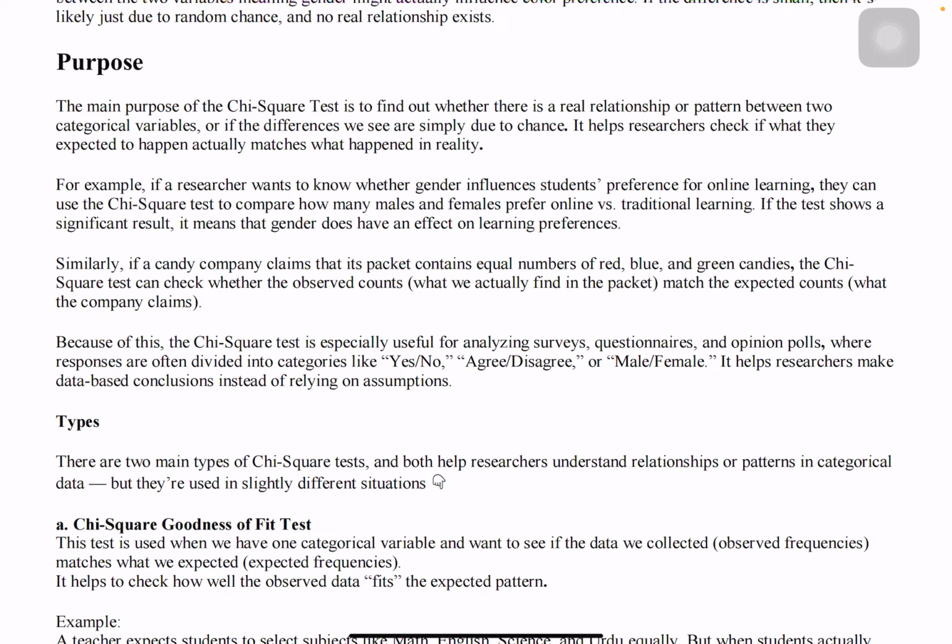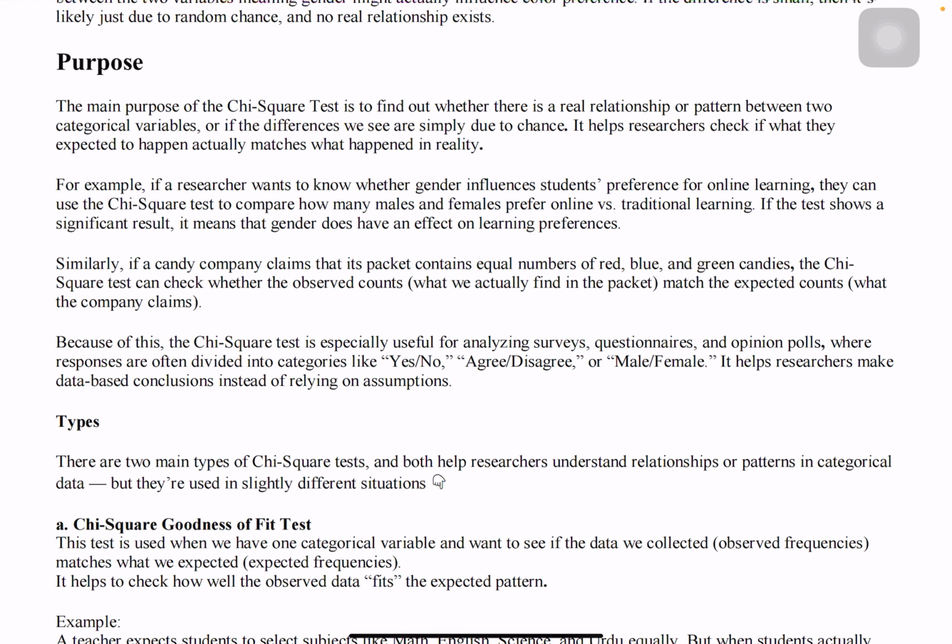Similarly, if a candy company claims that its packet contains equal numbers of red, blue, and green candies, the chi-square test can check whether the observed counts, what we actually find in the packet, match the expected counts, what the company claims.